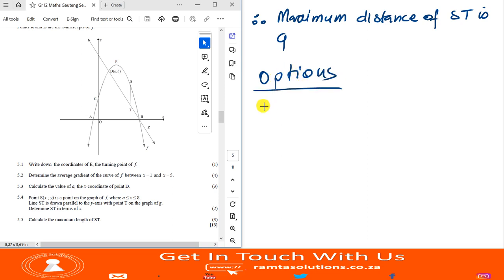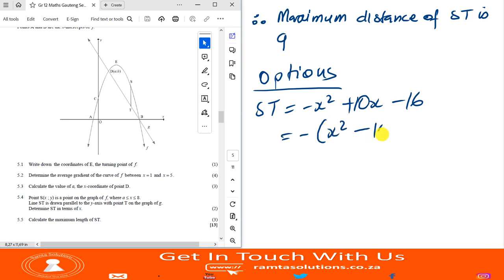Option 2. ST equals negative x squared plus 10x minus 16. You need to take the negative as a common factor. You are left with negative of x squared minus 10x plus 16.